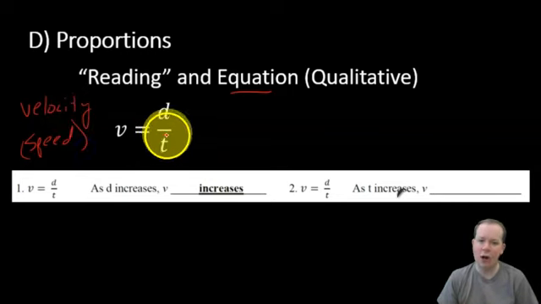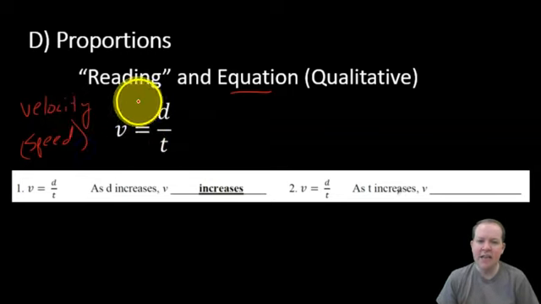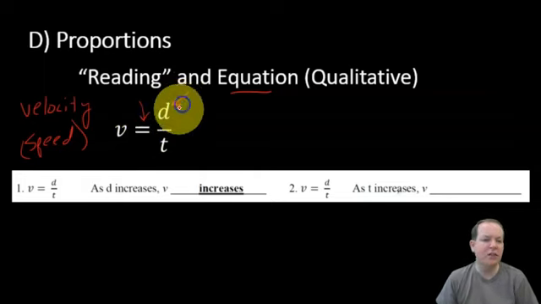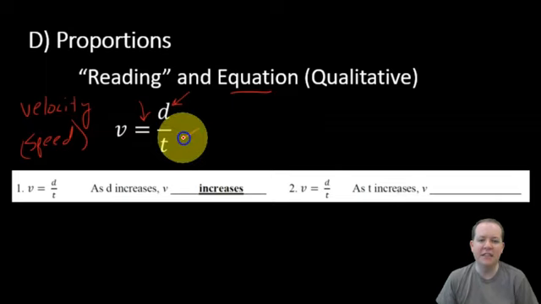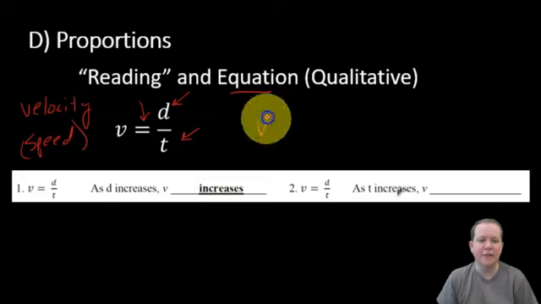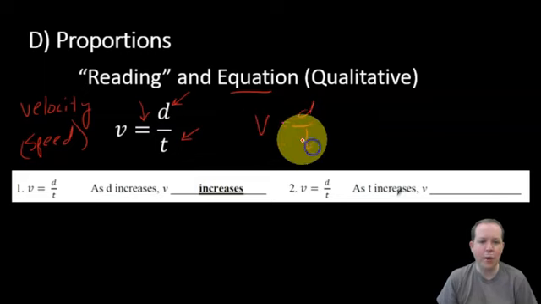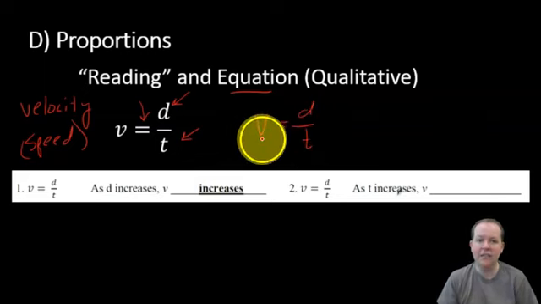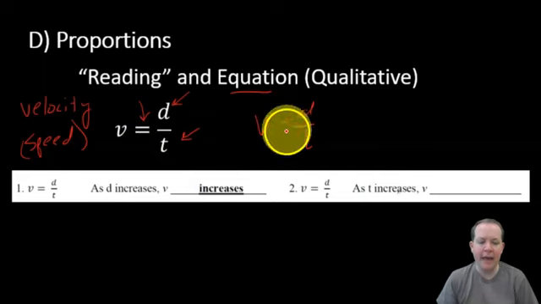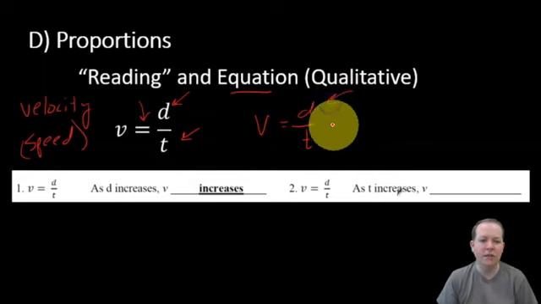The speed of an object, the velocity of an object, is equal to the distance an object travels and the time. What time? The time to travel that distance. That's our story. That's what this equation tells us. How fast an object goes depends on how far it travels and the time it took to travel that distance.